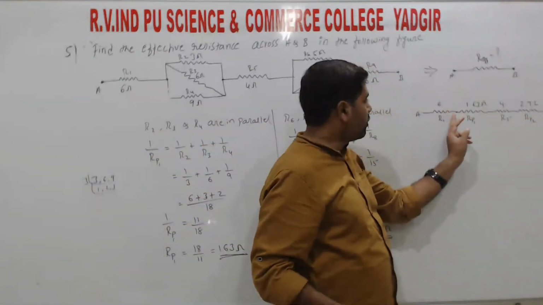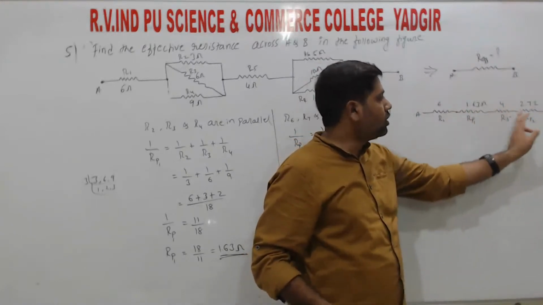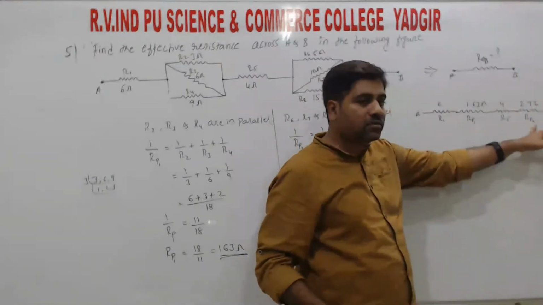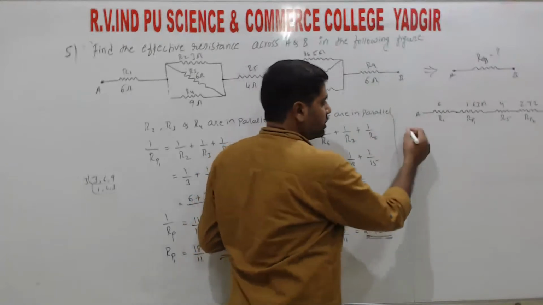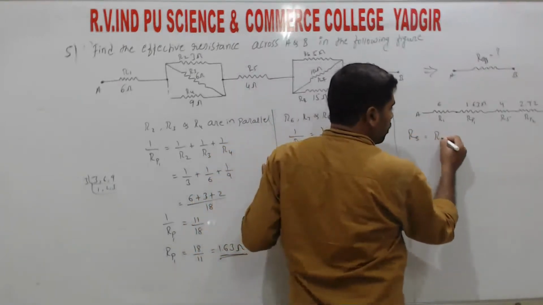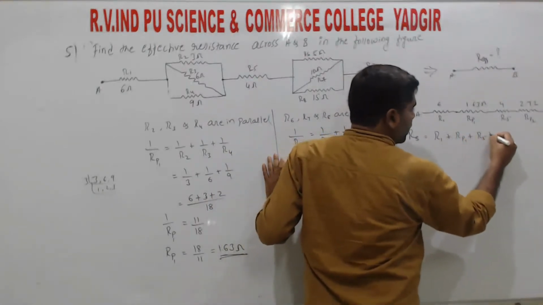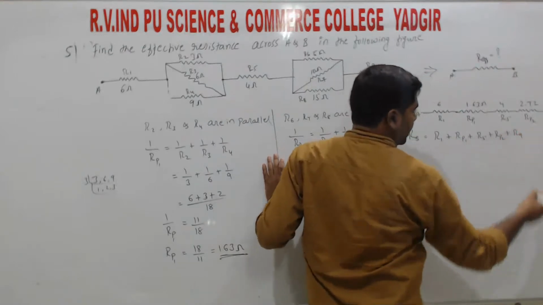So only one end of a resistance is joined with the other end, right? If you observe all the resistors, 1, 2, 3, 4, 5, all the 5 resistors are in series, right? So now the effective resistance RS, R series, is equal to R1 plus RP1 plus R5 plus RP2 plus R9, right?